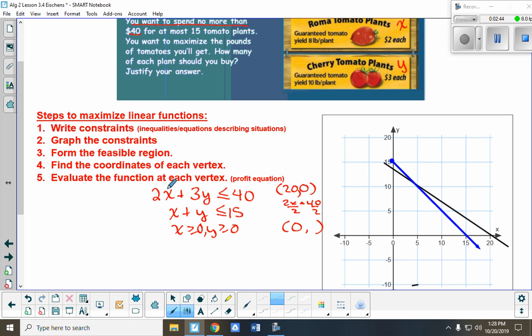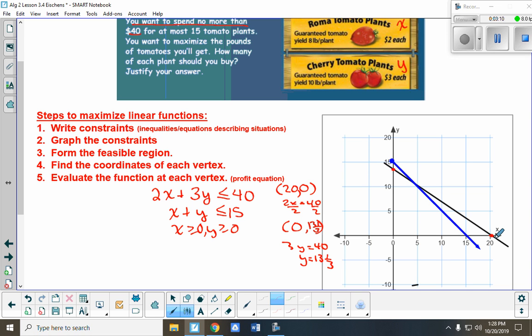So if we put in a 0 right here, you would have 3y equals 40. And if you divide by 3, y would be 13 1/3. And so you plot those points. So 20, 0 is right here. 0, 13 1/3 is about right here. And those are 2 points on the line, so then you can draw the line through those points.